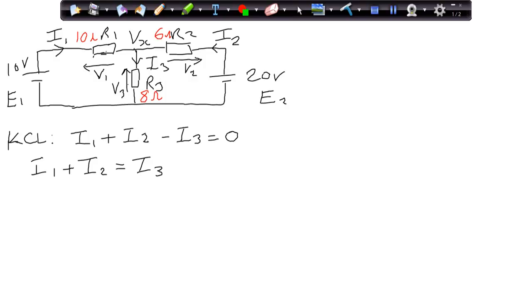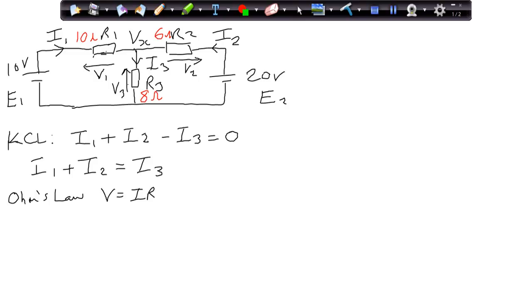Okay, so let's use Ohm's law now. So if we think about Ohm's law, V equals IR, or any combination of that.